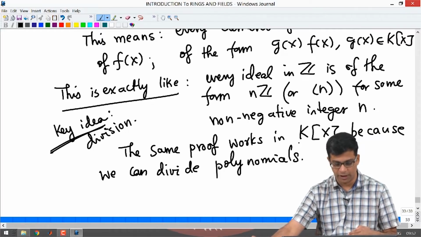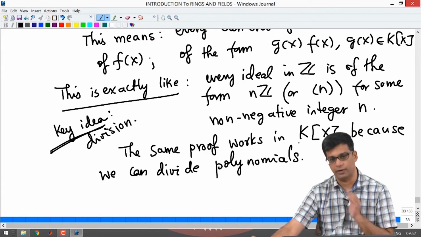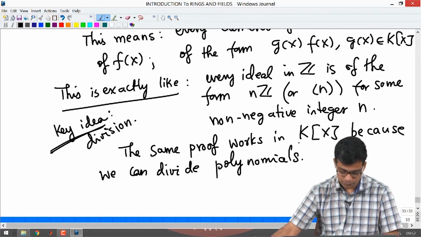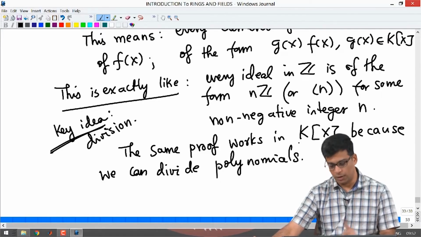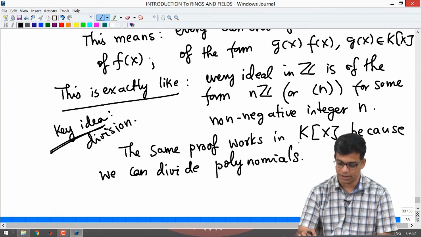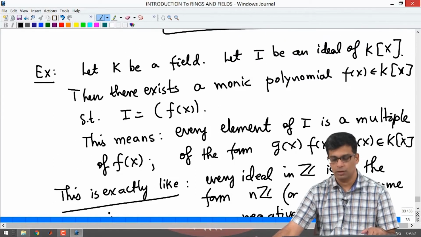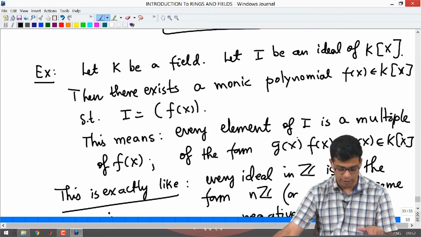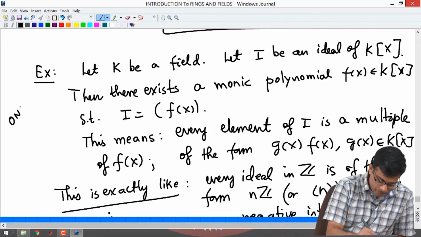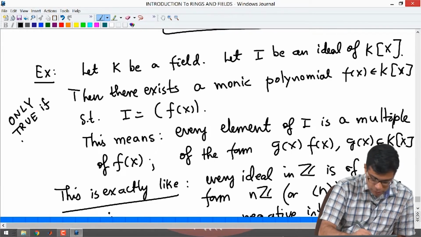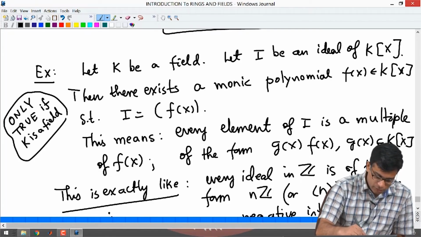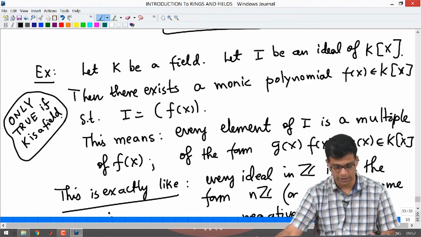So, we can always divide by any non-zero polynomial in a polynomial ring over a field. That is why we can't divide in general in R[x], and we do not have such a statement for R[x] where R is an arbitrary ring. This is only true if K is a field. In other words, if K is just a ring, this is not true, as we will see in examples later.